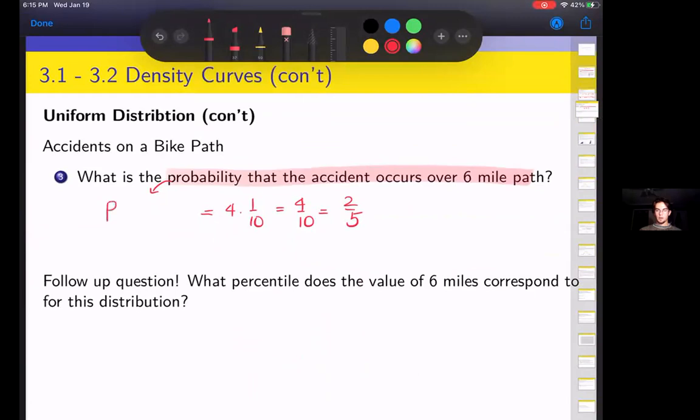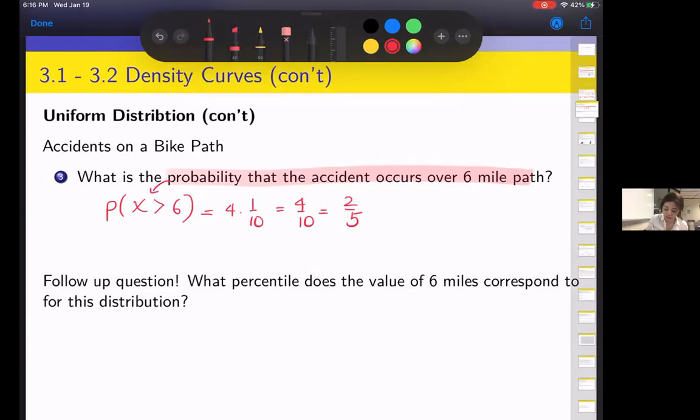P and then the parentheses, and then there's X, right? X and then 6. Is it X greater than 6 or less than 6? Less than 6. Over 6 mile. Okay, so greater than, right?